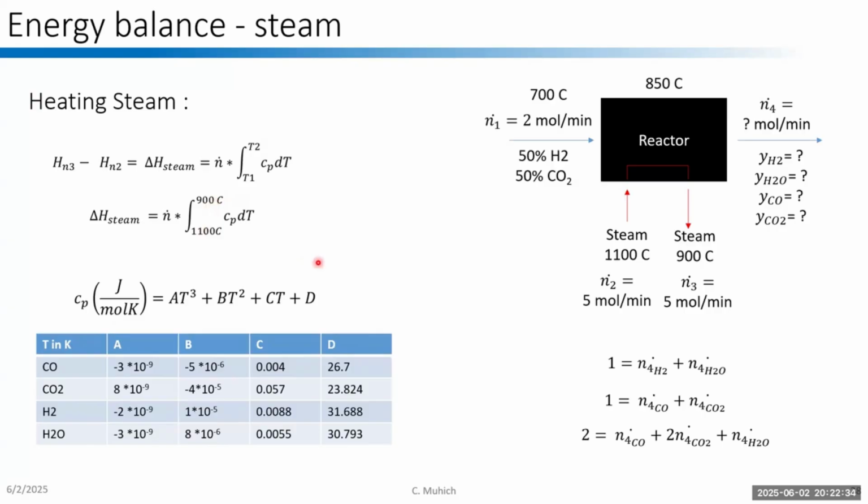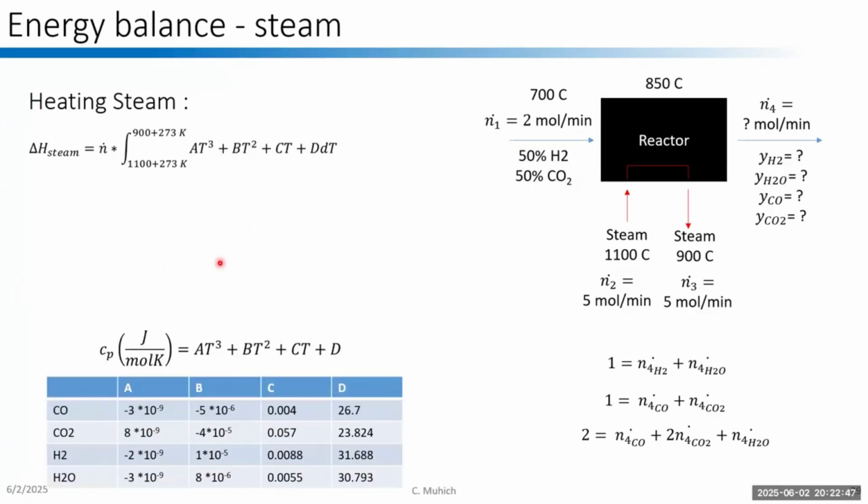All right, so I'm now going to take this equation for our heat capacity. Because we don't know how much it's going to change, I need to put this whole thing into my integral. So here I've taken my heat capacity, I've plopped it into this integral, and notice that I'm going to have to change my integrands because this table was laid out and we were told that these are the values in Kelvin. So I have to add 273 to my integrands.